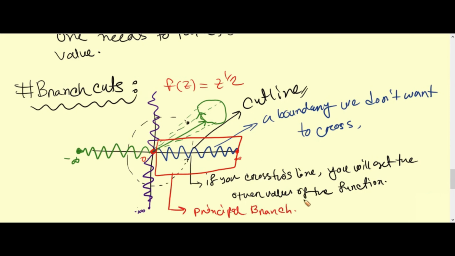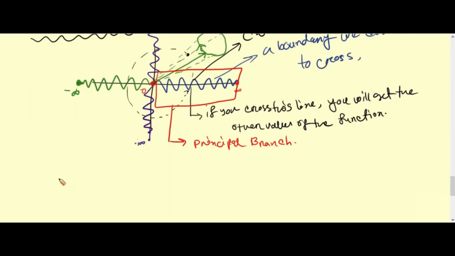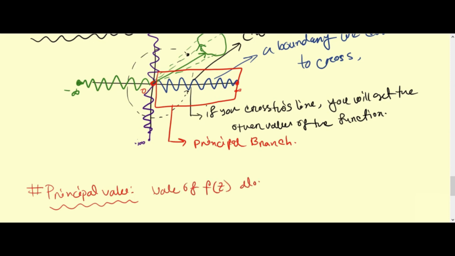And the value of f of z evaluated along this branch is known as the principal value. So let me just write it. Principal value is the value of f of z along the principal branch.